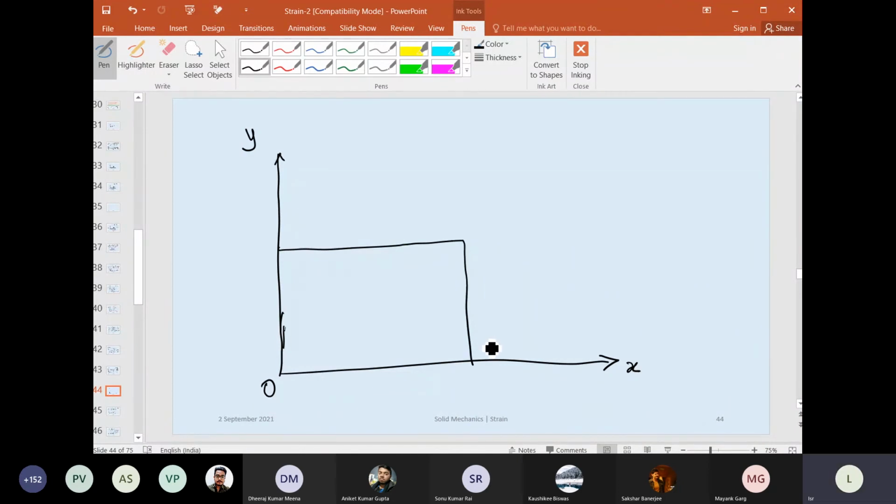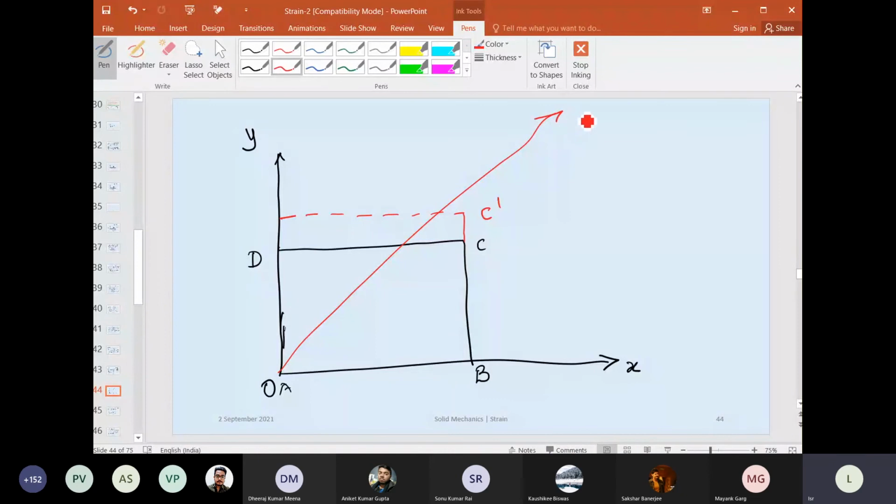Now this will be A, B, C, D. So I will have C dash. Now let me take the axis anywhere I like.